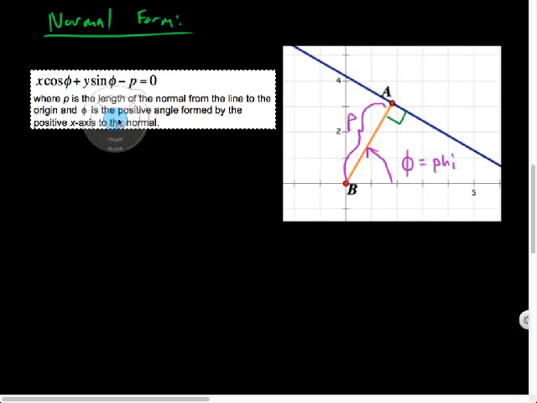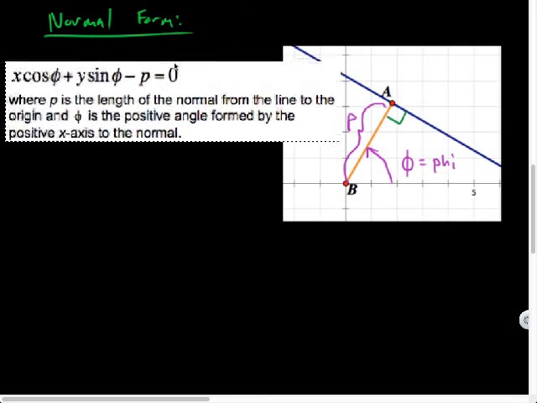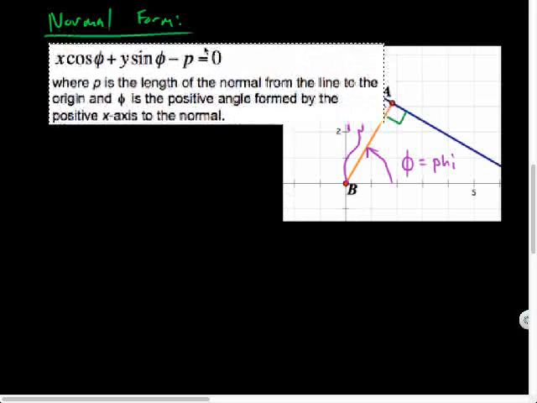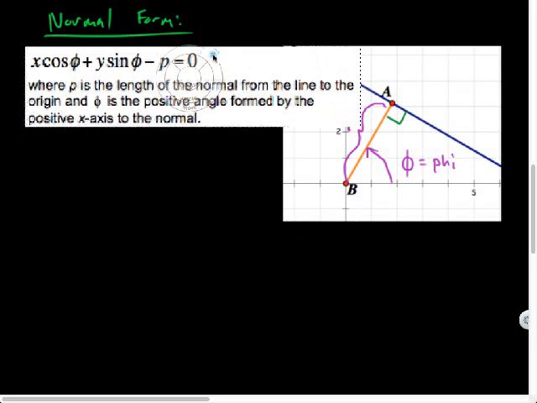So it turns out this right here is the equation. I'm out of space here, guys. There we go. That's fine enough. I'll just rewrite that little piece here. All right, so here's normal form. It is x times the cosine of phi plus y times the sine of phi minus little p is equal to 0.